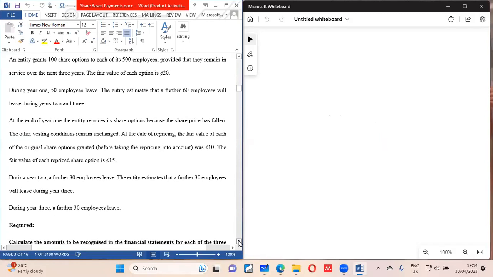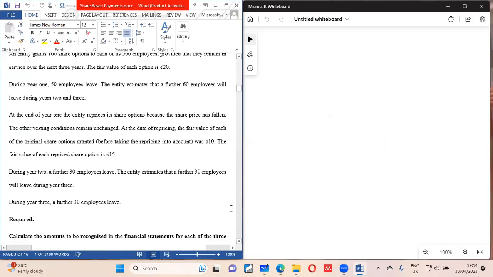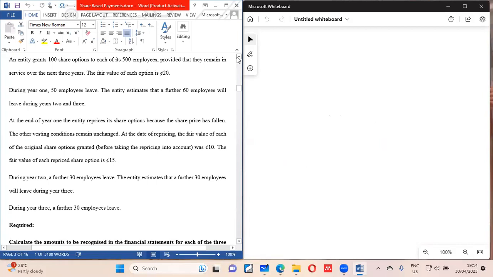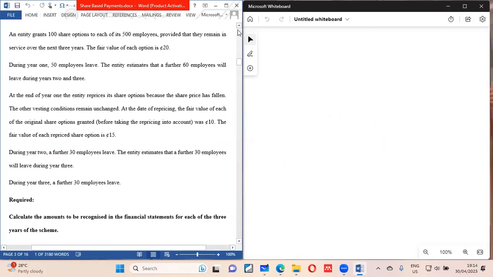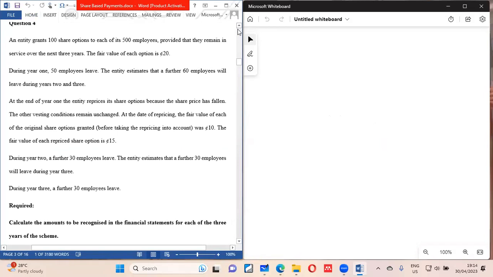All right, so we have a question ahead of us. So the question reads, that an entity grants 100 share options to each of its 500 employees, provided that they remain in service for the next 3 years. So that's the service condition.